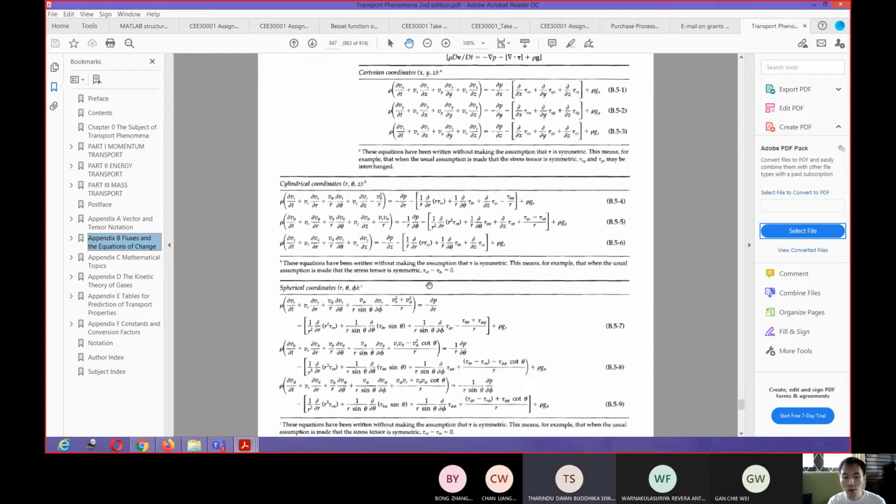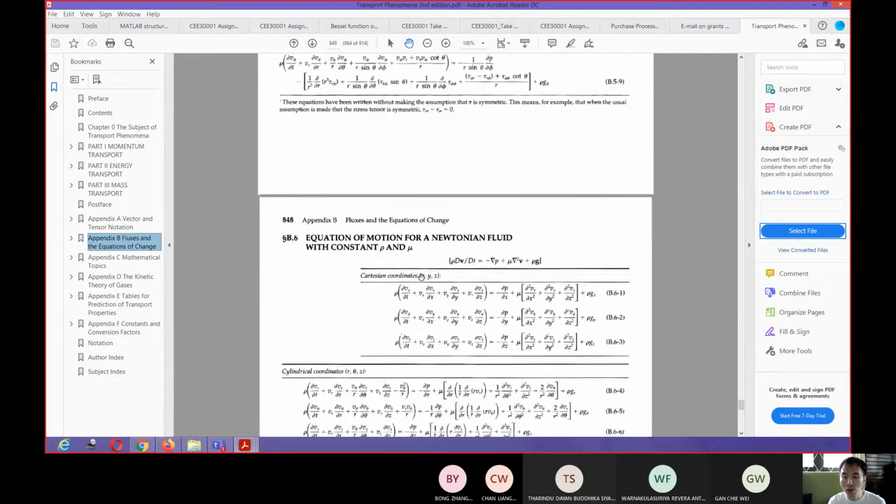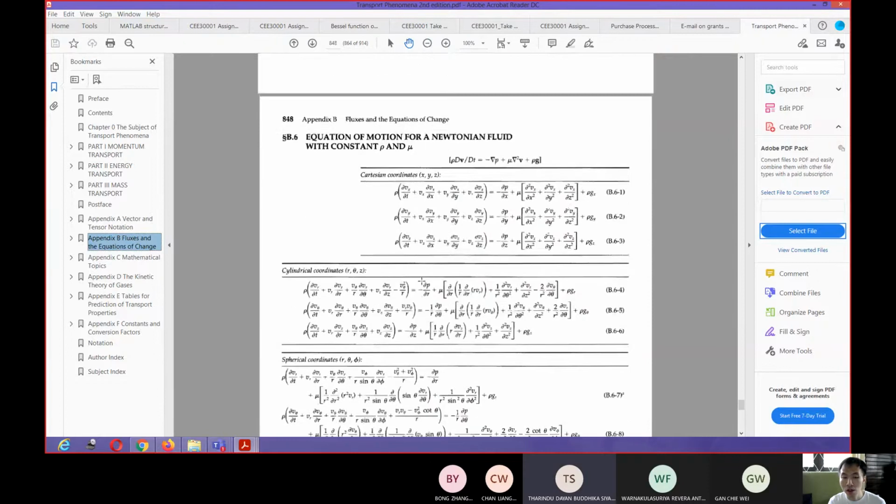Some of you also asked whether it is possible to solve using B6. It is not possible, because in B6 the equation of motion has been simplified for a case applicable only to a Newtonian fluid with constant rho and mu.